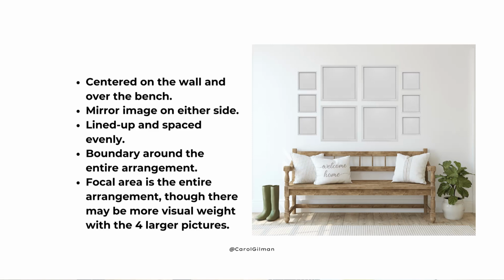But there is a sense of structure and stability because everything is based on the center of that wall, everything is based on the center of that bench. And if we were to draw an imaginary line down the center, we could see that there's a mirror image on either side. So if you have a group of pictures in different sizes, this may be a way to arrange all those pictures in a symmetrically balanced way.